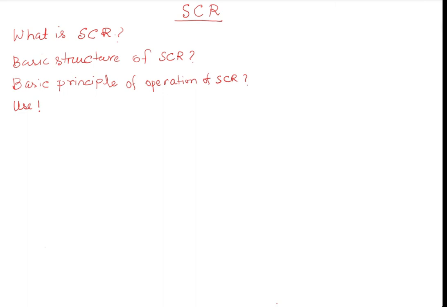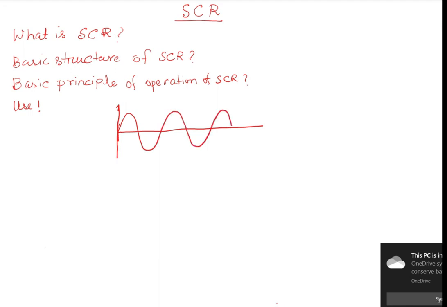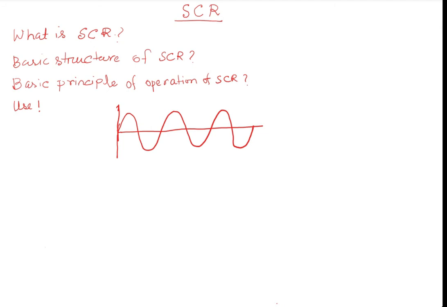Suppose this is my input alternating current Vi(t).